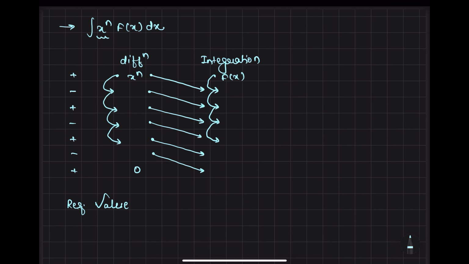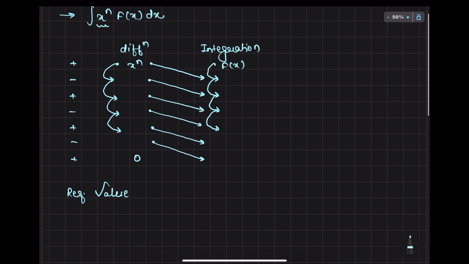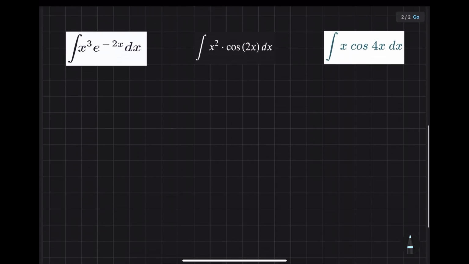Now I'll give you some examples so that you can have better clarity. Just look at this part. You have to integrate this function. If you integrate it in the orthodox manner, it becomes a bit complicated, so just go with the trick: differentiation and then integration.